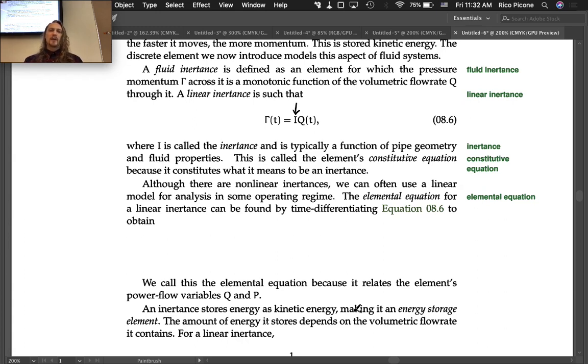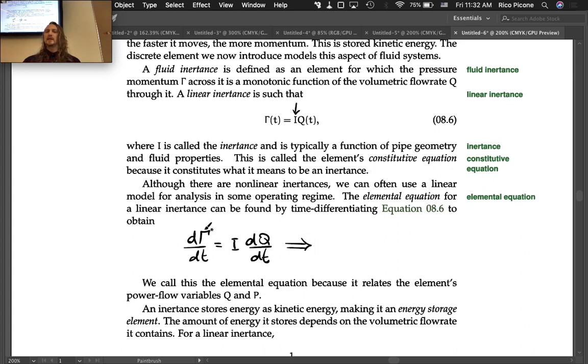The elemental equation for a linear inertance can be found by time differentiating the constitutive equation. So we get d gamma/dt equals I, which is just a constant, times dQ/dt. Q is a power flow variable.